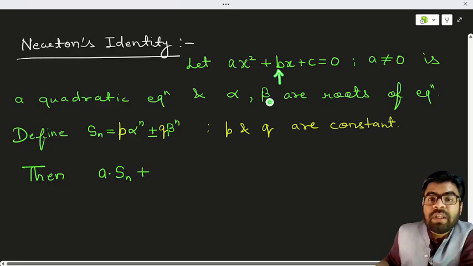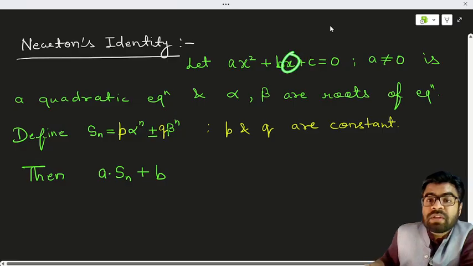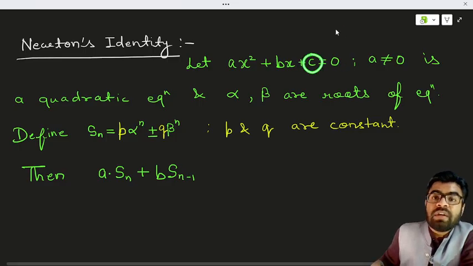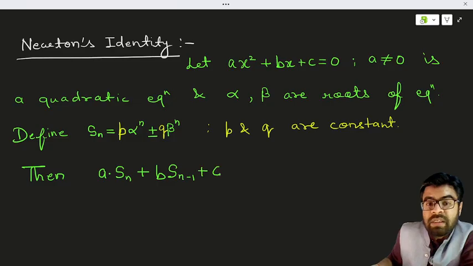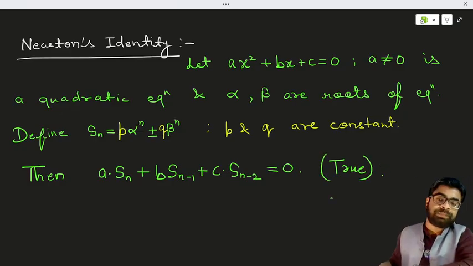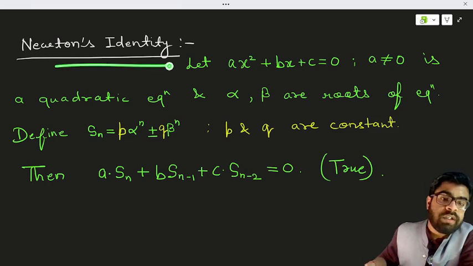It is b, the coefficient of x, so here we will write Sn minus 1, and then it is c, so here we will write Sn minus 2, which is equal to 0. This relation always holds. It is always a true relation. Clear? So this is called Newton's identity.